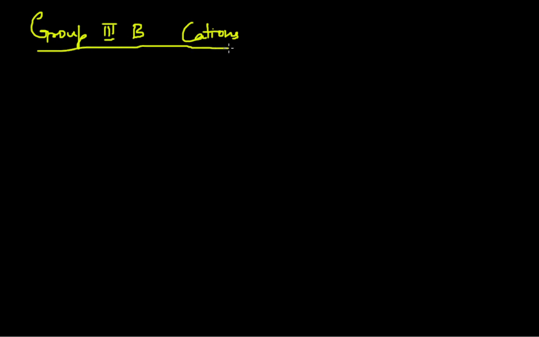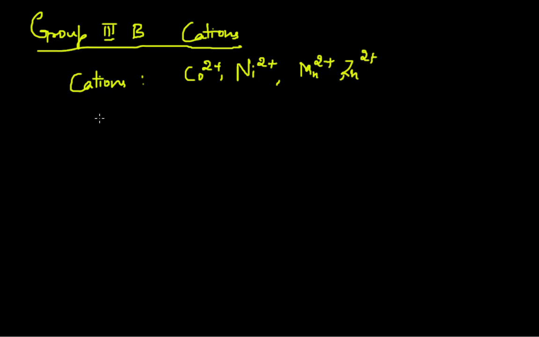So next we'll move to group 3B. So what are the cations here? Co2 plus, Ni2 plus, Mn2 plus, Zn2 plus.